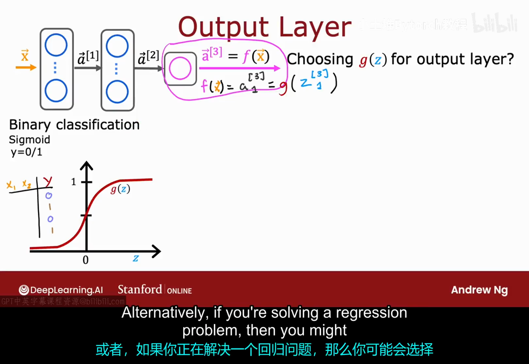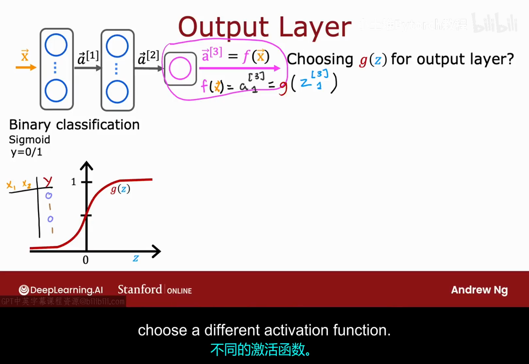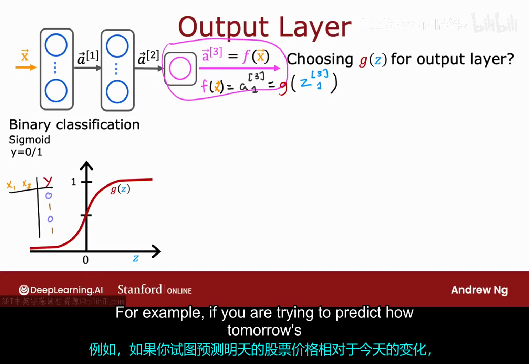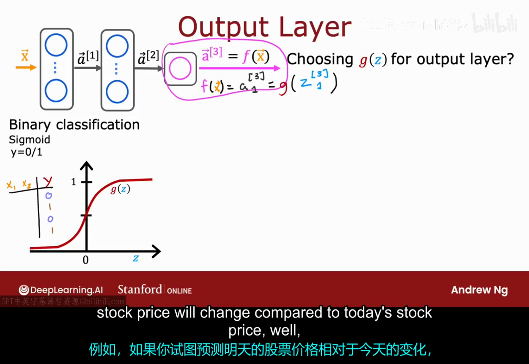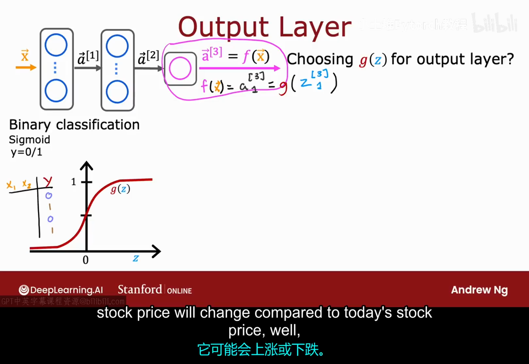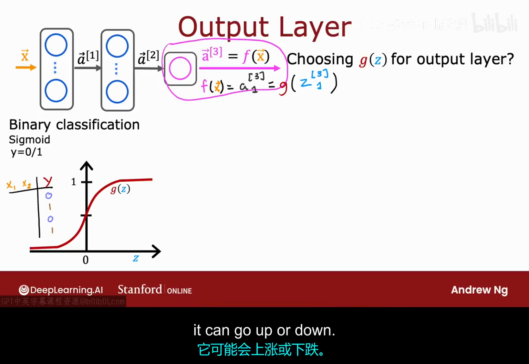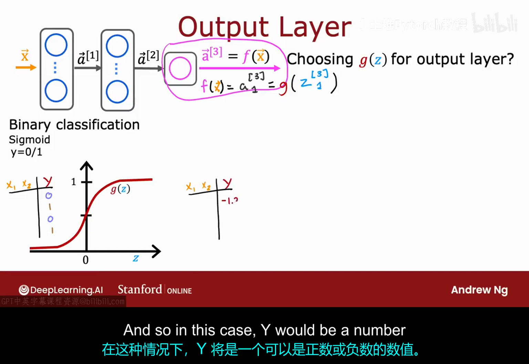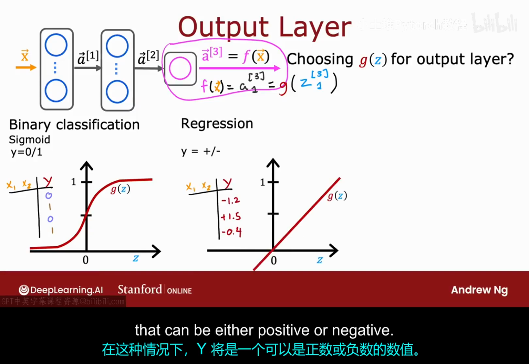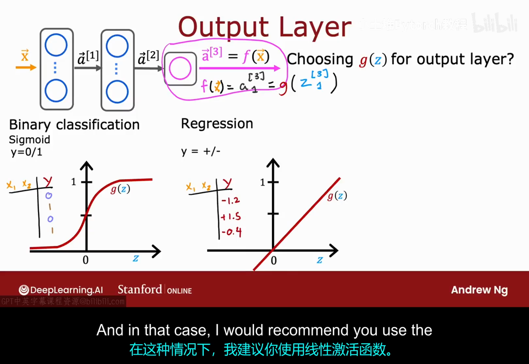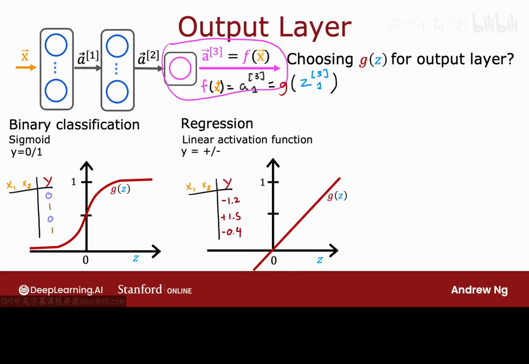Alternatively, if you're solving a regression problem, then you might choose a different activation function. For example, if you're trying to predict how tomorrow's stock price will change compared to today's stock price, well, it can go up or down. And so in this case, Y would be a number that can be either positive or negative. And in that case, I would recommend you use the linear activation function.